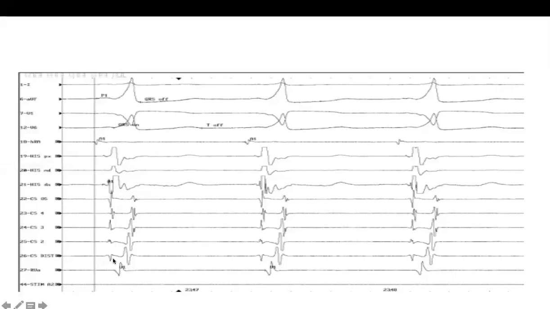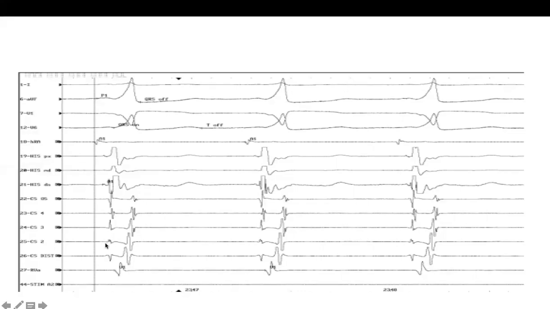If you put it in the main coronary sinus, you record more atrial than ventricular. So in this patient, probably the catheter was in a position recording more ventricular than atrial, therefore you get a bigger ventricular electrogram than the atrial electrogram.